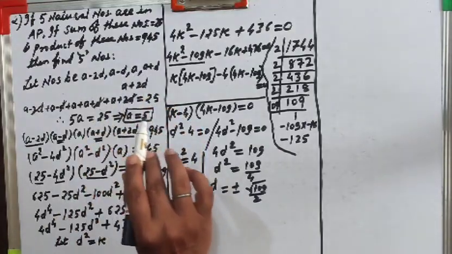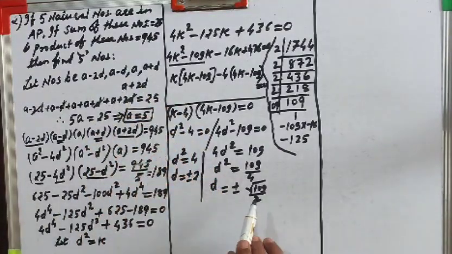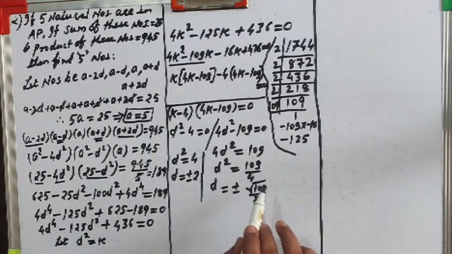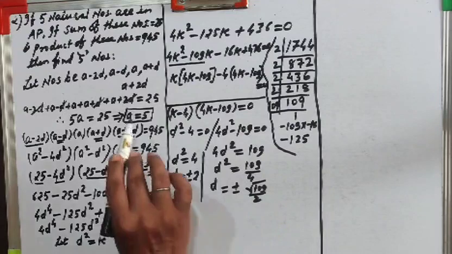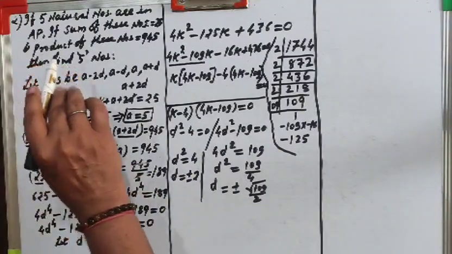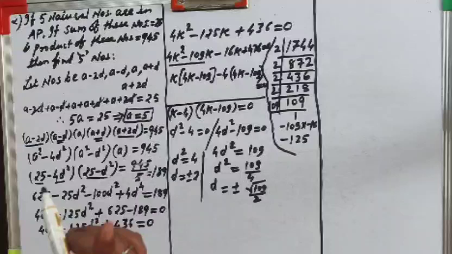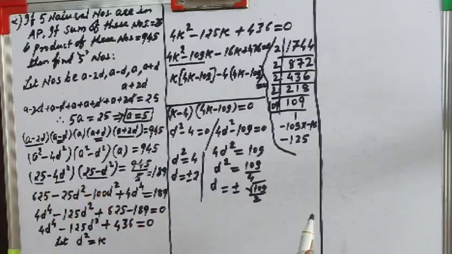If I add a plus d, what will happen? 5 plus root 109 upon 2 will give us an irrational number. And you know that in the beginning it is given that the 5 numbers are natural numbers in AP, so I will reject this one.